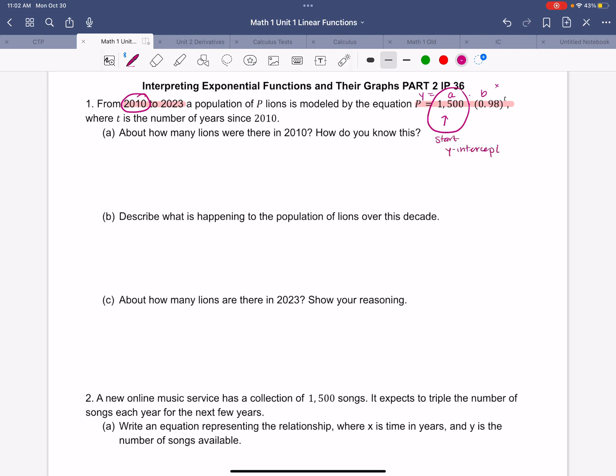When I'm asked how many lions there will be in 2010, I look at that number, and there are about 1,500 lions in 2010, because this is the y-intercept, or starting point, of my equation.